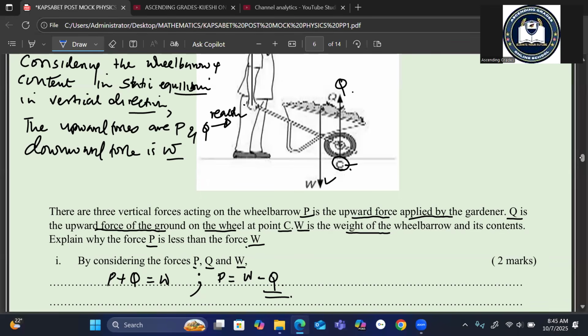So we can look at, for W, this will be the distance. We can call it dW. And then from the same pivot to where we have the action of force P, you can call this one dP. So if you compare these two distances, you'll find that the dW is less than dP.